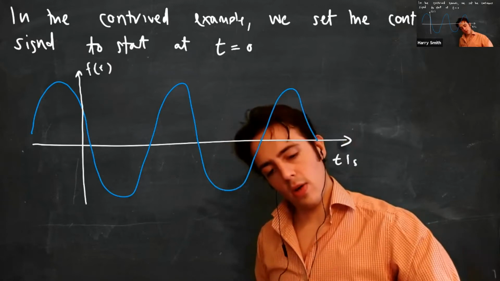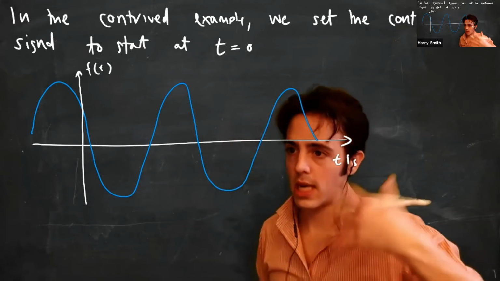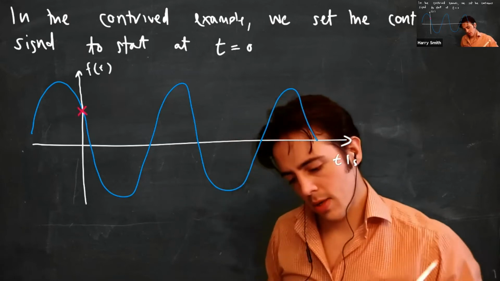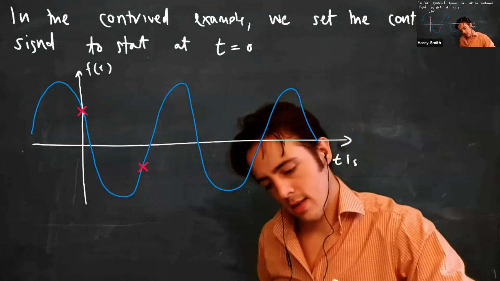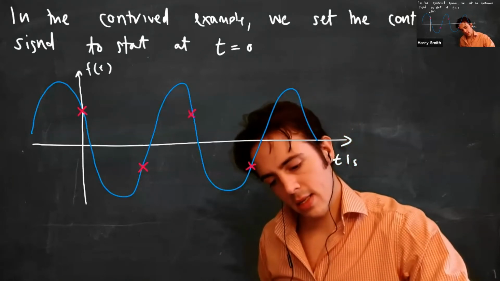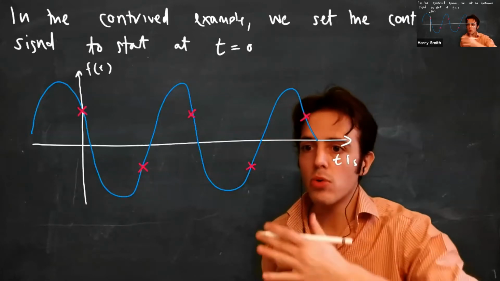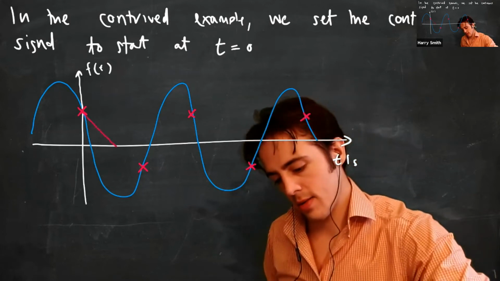And so my samples, I'm going to take my first sample at time 0. I'll then take my second sample half a period later. This would be sampling at exactly the Nyquist frequency. Okay, this is more like what we'd get if we sampled at the exact Nyquist frequency.